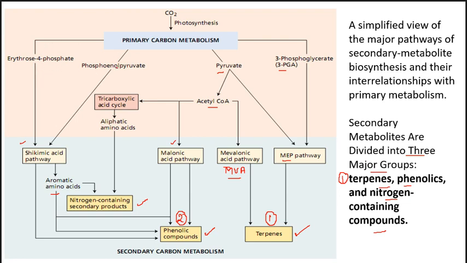Now these are common to every plant. Since they are common throughout the plant kingdom, they are said to be primary metabolites. Okay, so the blue colored ones are secondary metabolites, and the pink colored ones are primary metabolites.